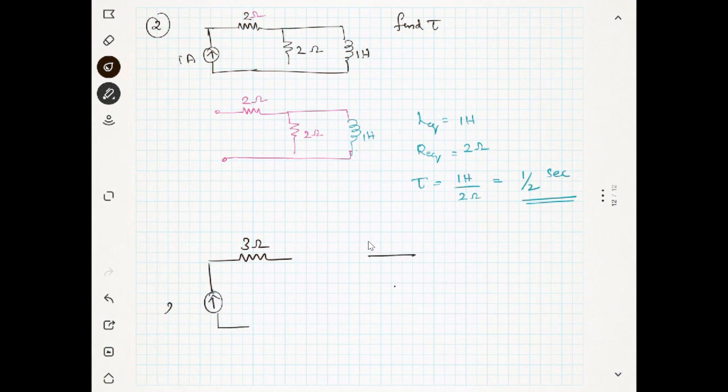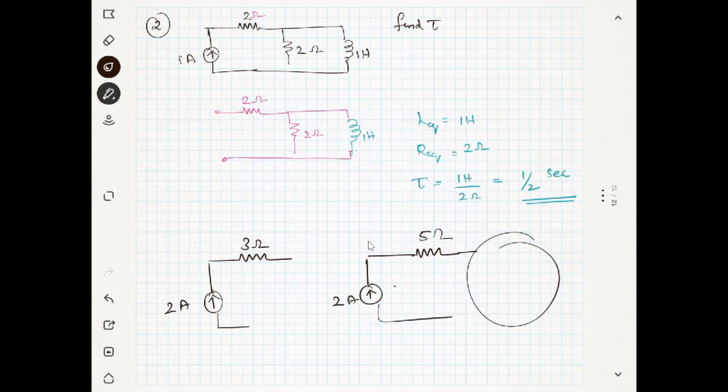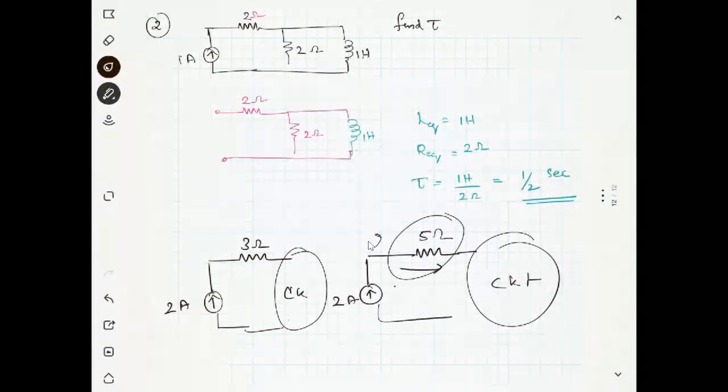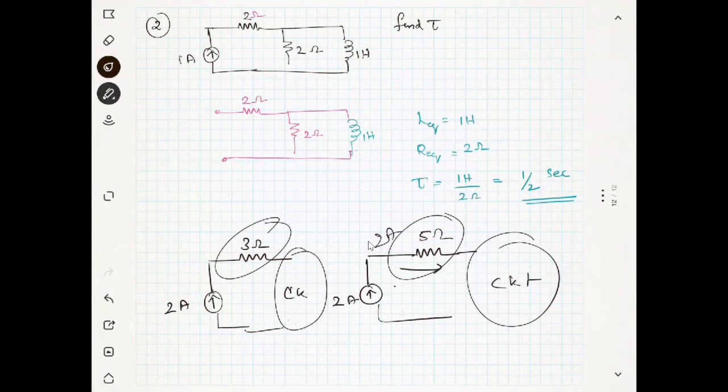If you have a current source like this, 3 ampere, with maybe a 5 ohm resistance, whatever circuit you have here, what will be the current here? It is 2 ampere. Here 2 ampere. What about here?